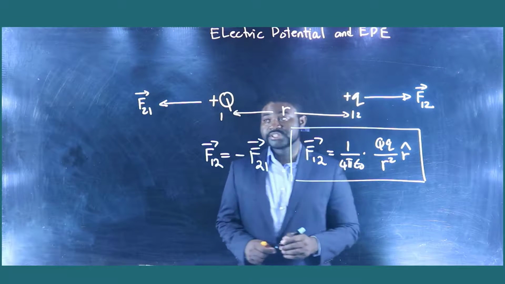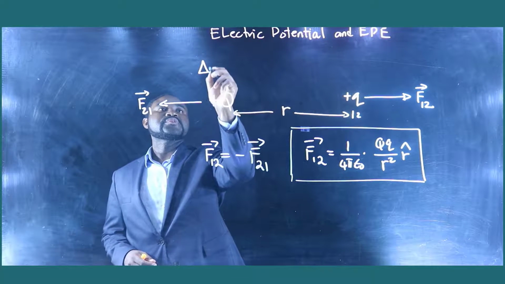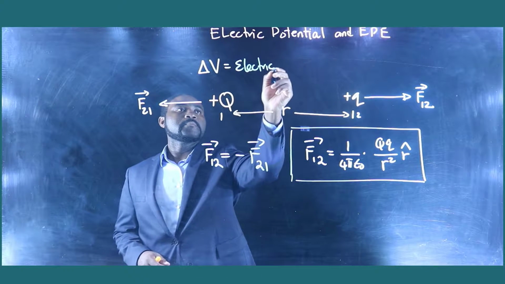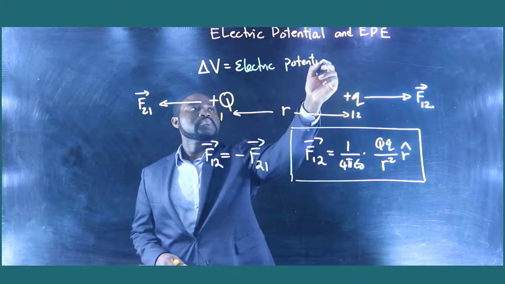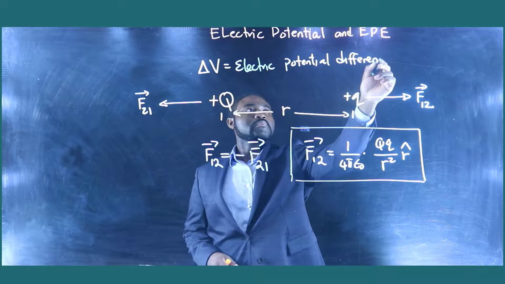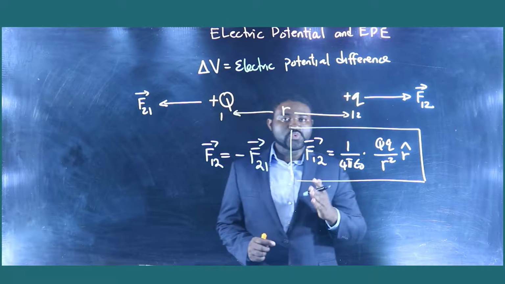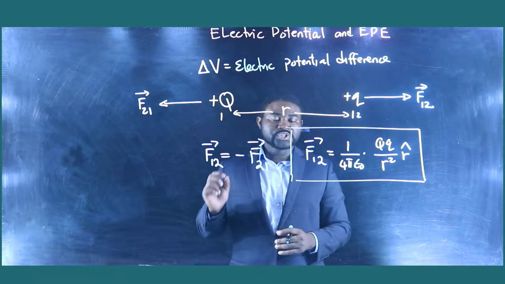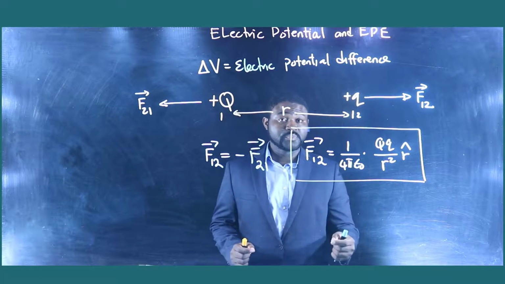By definition, electric potential difference is simply defined as the work done per unit charge to move a charged particle from one point in an electric field to another.